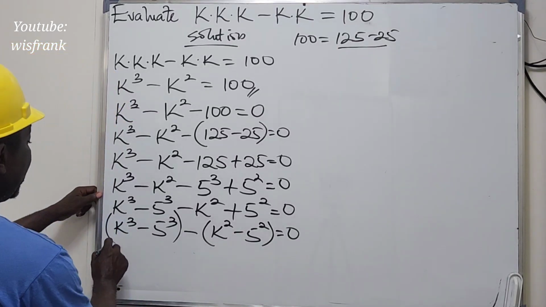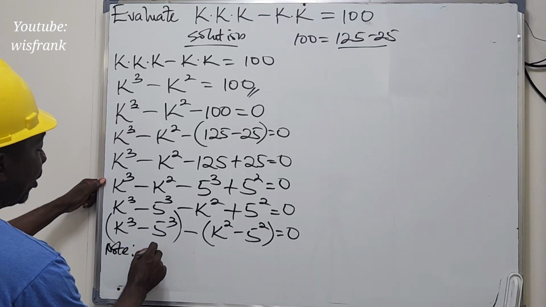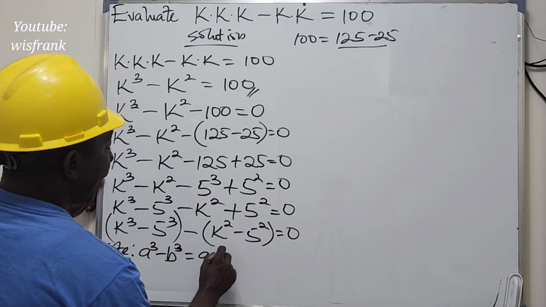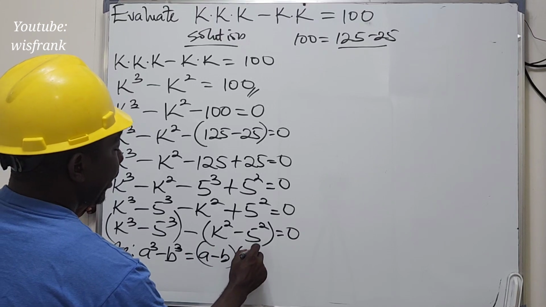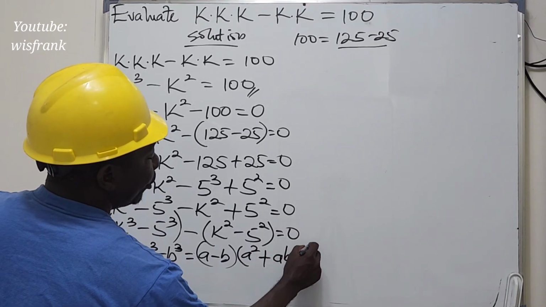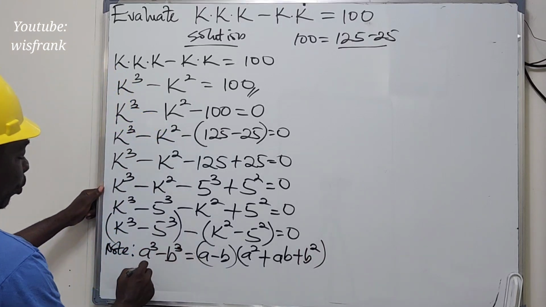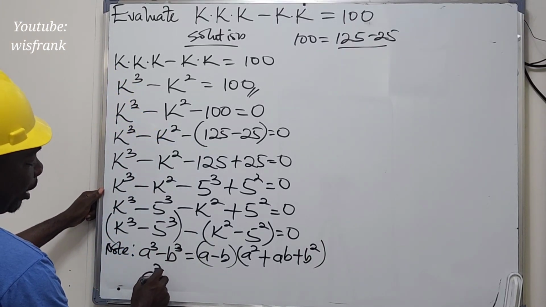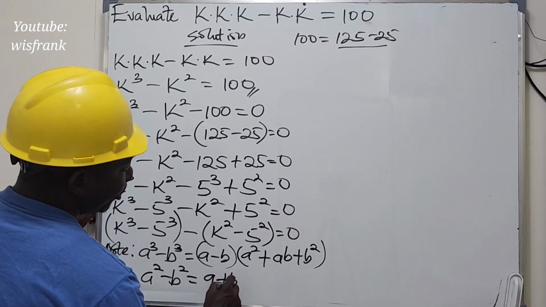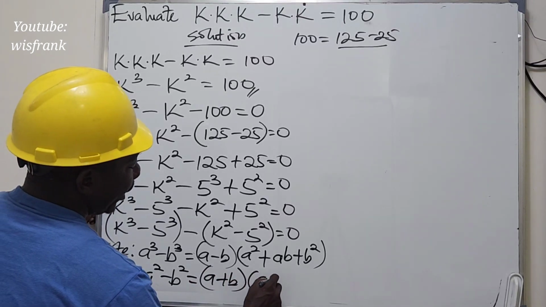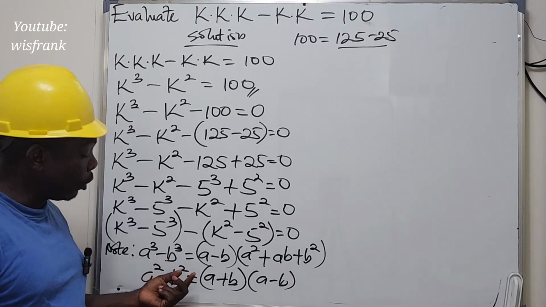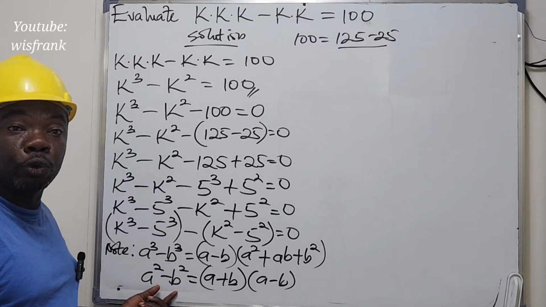We recall, we note that a to the power of 3 minus b to the power of 3 is the same thing as a minus b all into a to the power of 2 plus ab plus b to the power of 2. And also a to the power of 2 minus b to the power of 2 is the same thing as a plus b all into a minus b. So this is the solution for the difference of two cubes and also the difference of two squares.